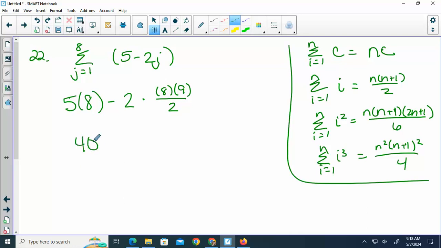So we get 40 minus, those 2's would cancel, 72, so negative 32. We just had to do our summation rules there. Alternative, if you want to take a little time, could you plug in every number from 1 to 8 to get those answers and add them together? Yeah.